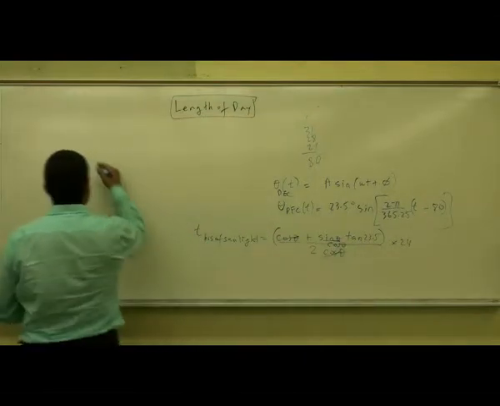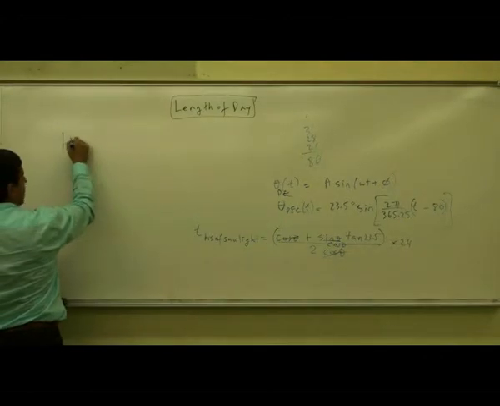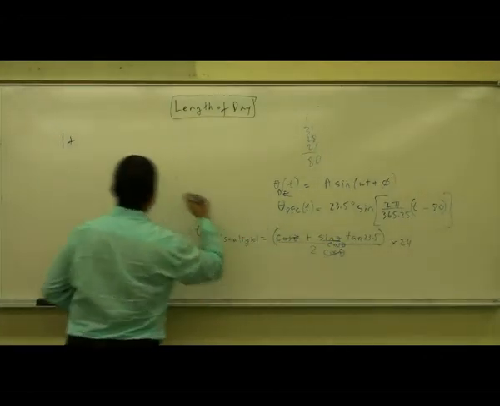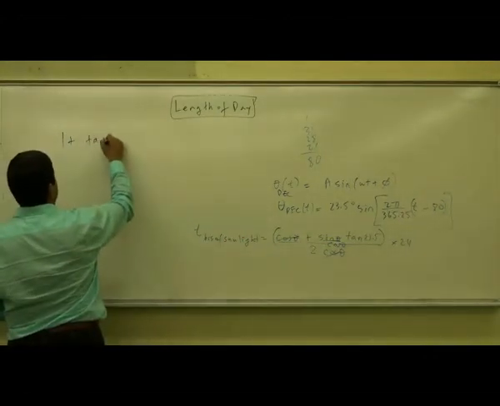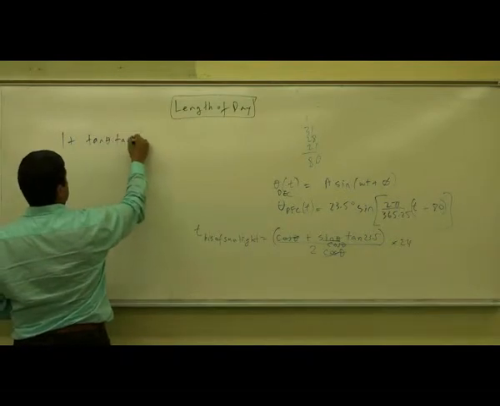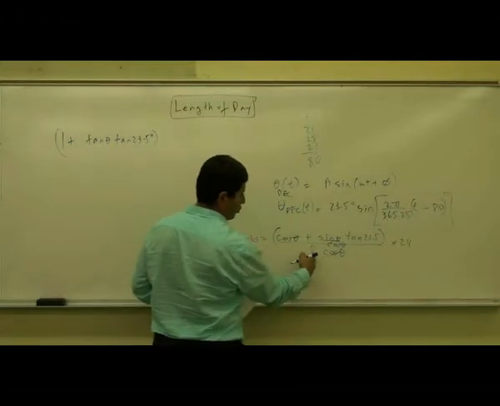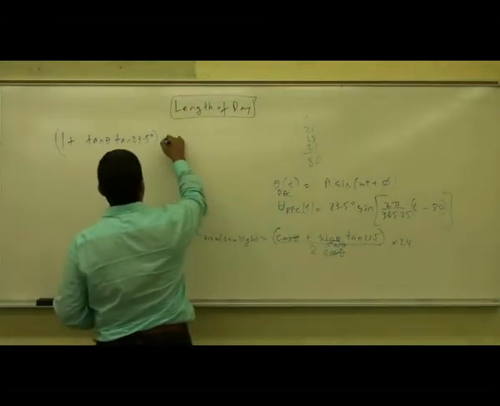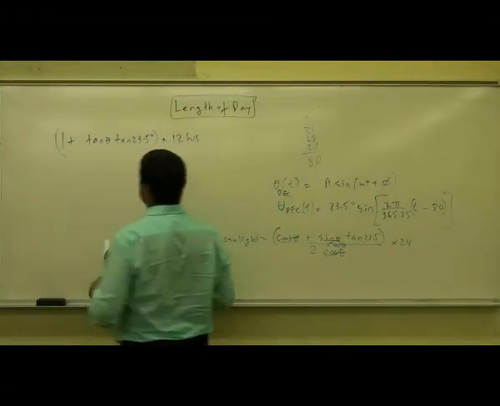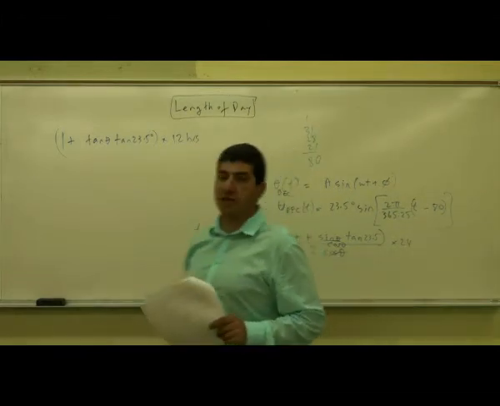So we end up getting this: 1 plus sine theta over cosine theta is tangent theta, tangent 23.5. And then the 2 divides into the 24, you get 12 hours times 1 plus tangent theta, tangent 23.5.